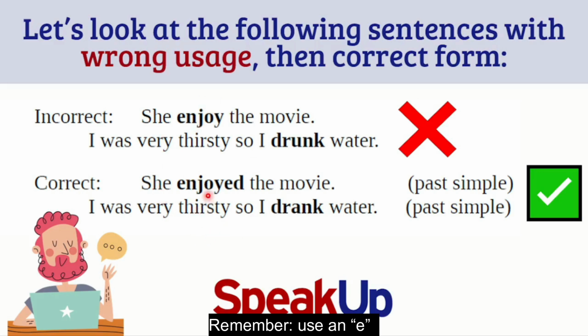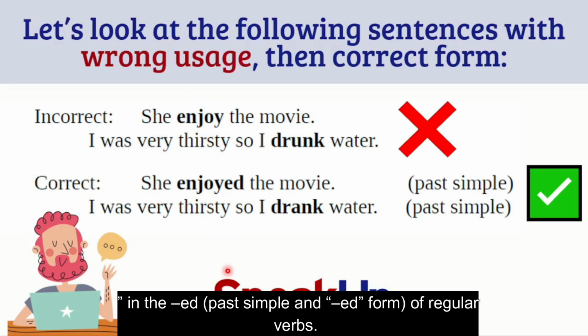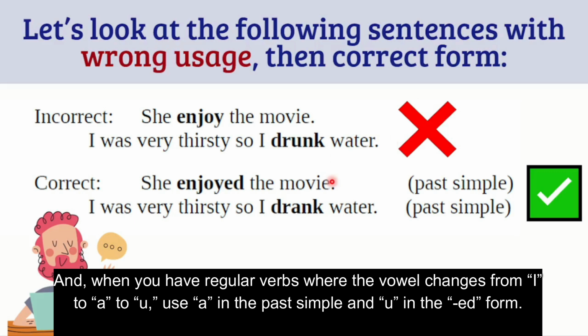Remember, use an E in the ed past simple and ed forms of regular verbs. And with irregular verbs, the vowel changes to I, to A, to U. Use A in the past simple and U in the ed form.